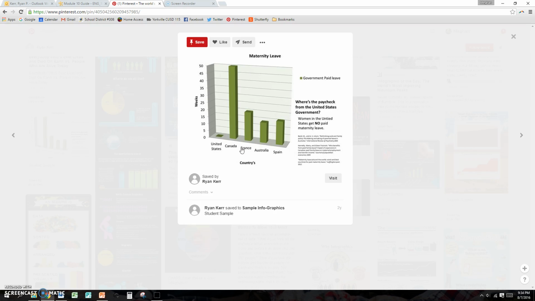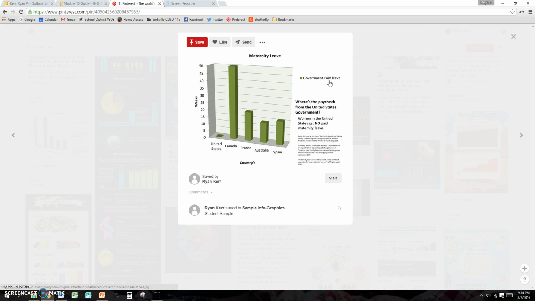And another really good one that I'll show you: the paycheck from the United States government. Women in the Untied, she spelled this wrong, so this is a great example to show you why you should proofread carefully, because it can really kill an otherwise great infographic. She shows maternity leave, so that's government paid leave.